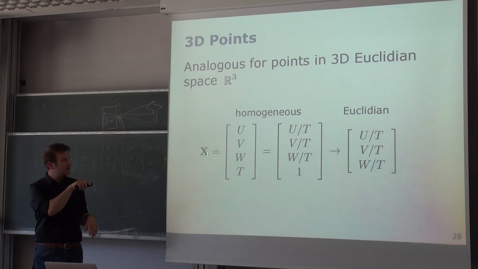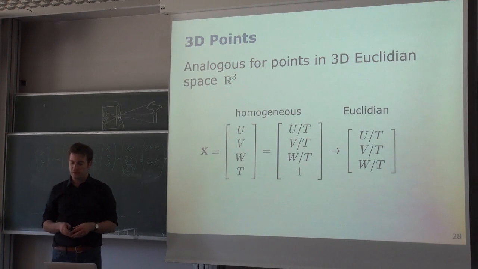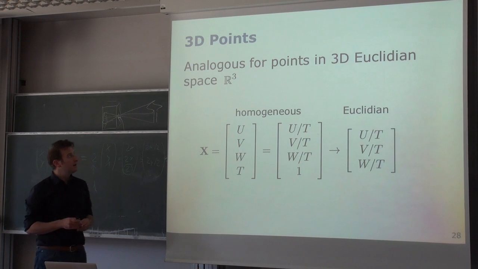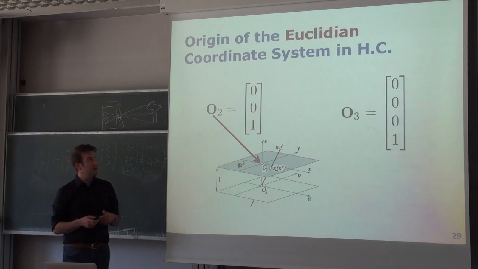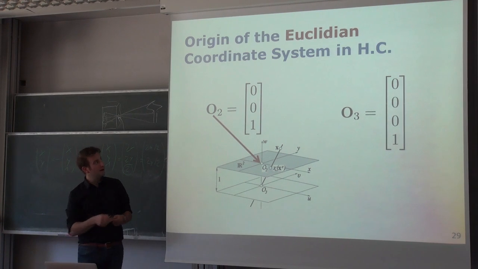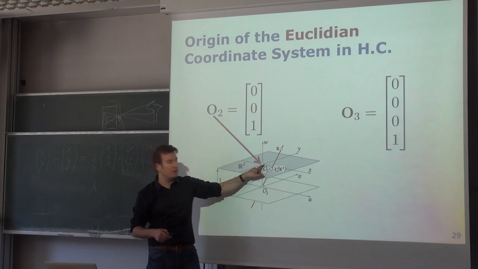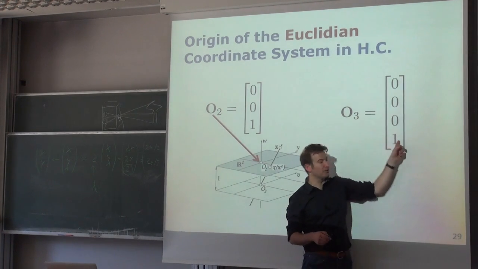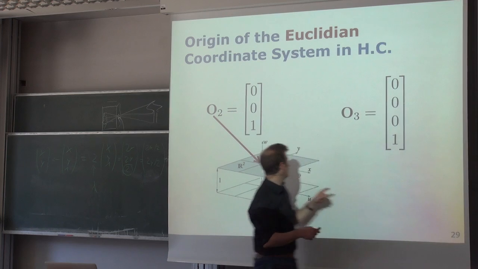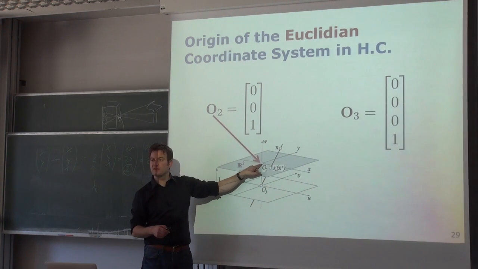Now these are capitalized characters because they represent an object belonging to the 3D world. I can also define the origin of the Euclidean coordinate system, and it is given by 0, 0, 0, 1. This is exactly this example over here, where I've opened the 3D world. This would always be that point which lies within this gray plane.